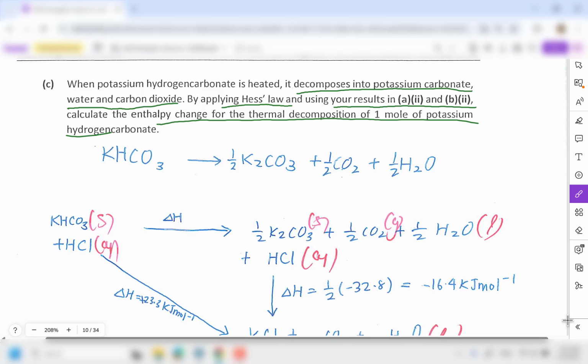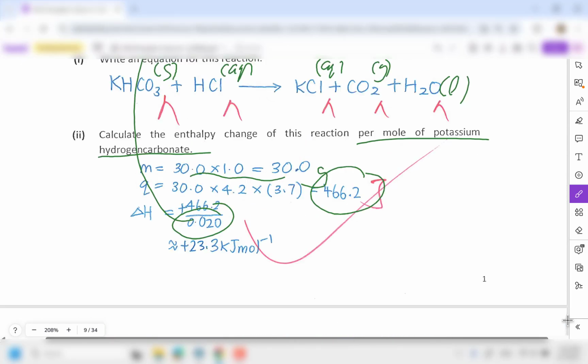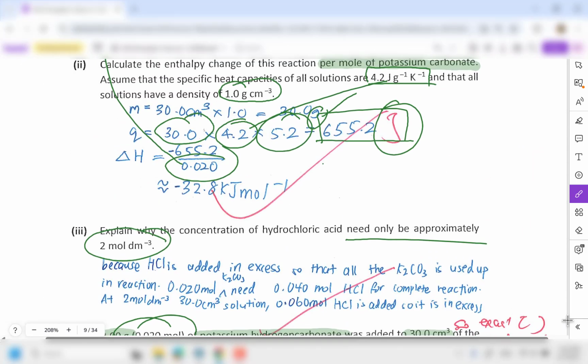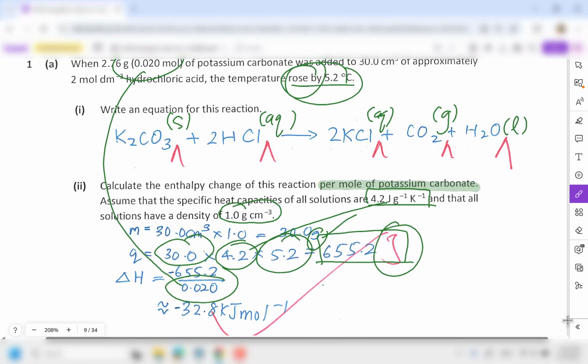That is the whole purpose of learning to draw a Hess cycle, because for the individual reagents, in this case hydrogen carbonate and carbonate, you are able to isolate the energetic term when each of them reacts with the same reagent. The same reagent in this case is HCl. For part A, potassium carbonate reacts with HCl, you calculate its enthalpy change.